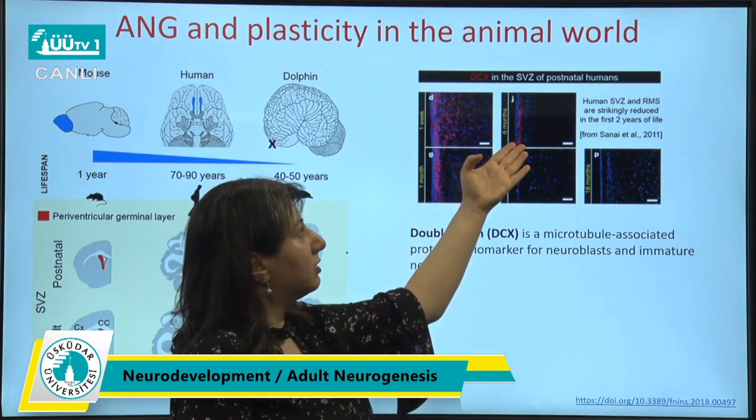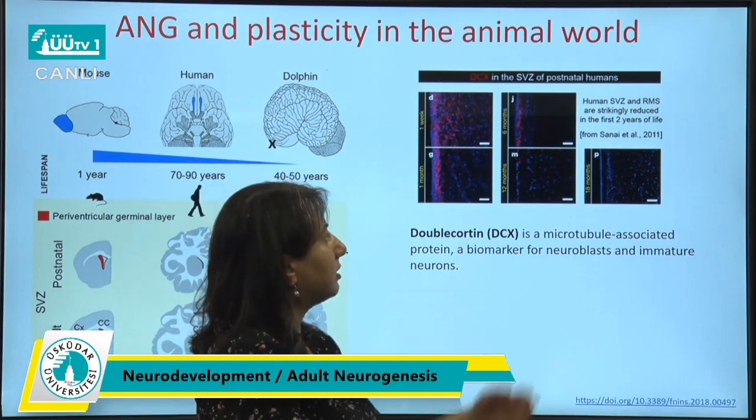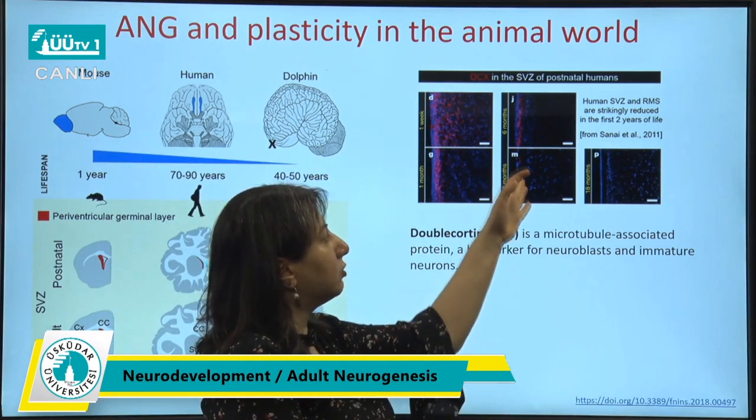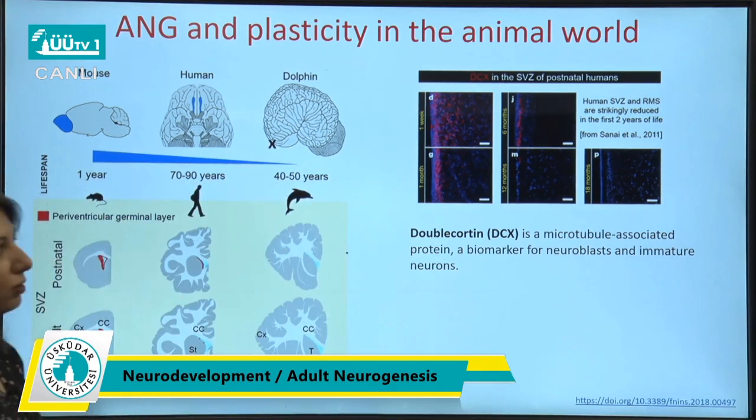In 6 months, we have a very low amount of neuroblasts, and when we come to 12 months, there are almost no neuroblasts left, we only see a few. And in 18 months, no neuroblasts at all. So we lose subventricular zone neurogenesis in the first year of our life.